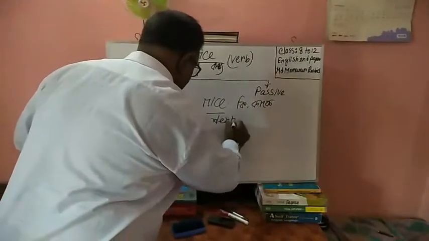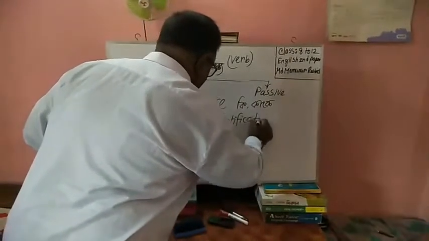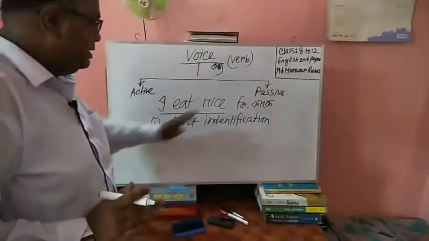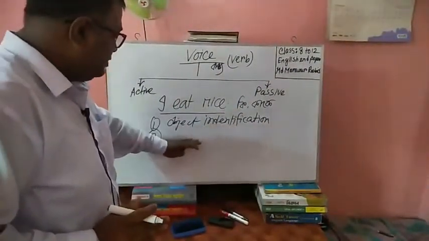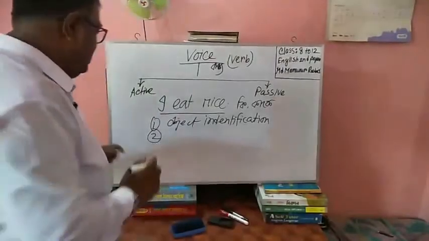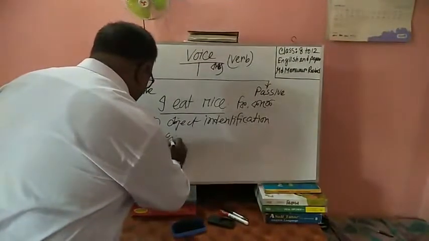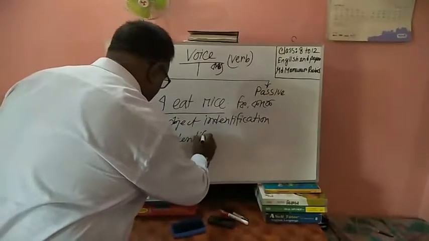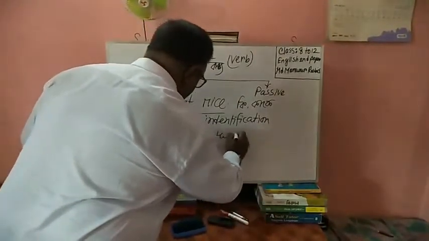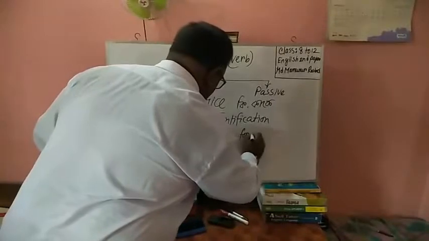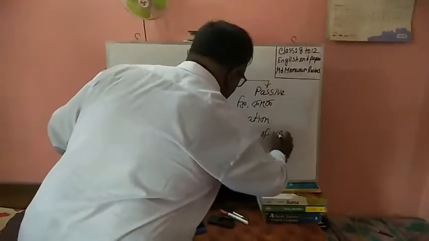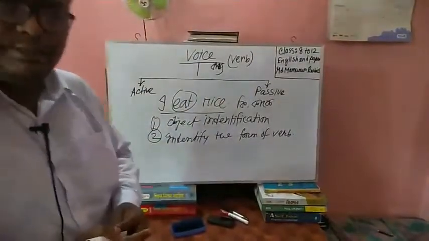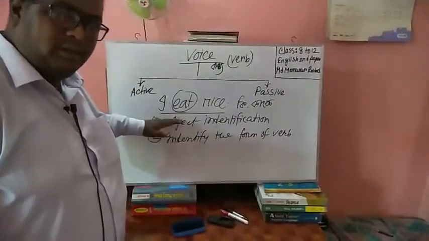And then the second, before starting changing voice, you have to first find out the object, and then you have to identify the form of the verb. Suppose here eat is present form.